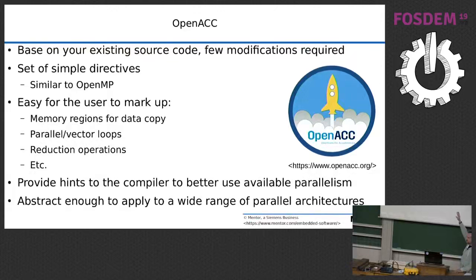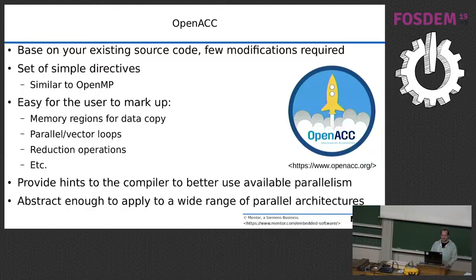You have to do some memory management. As I said, the GPUs typically have separate memory spaces from the host, from the CPU, so you have to copy your data back and forth. You have some more special things, reduction operations, and a lot more, of course. And all these directives are hints or instructions to the compiler on how to apply your source code to the many compute cores that you have on a GPU or another accelerator.